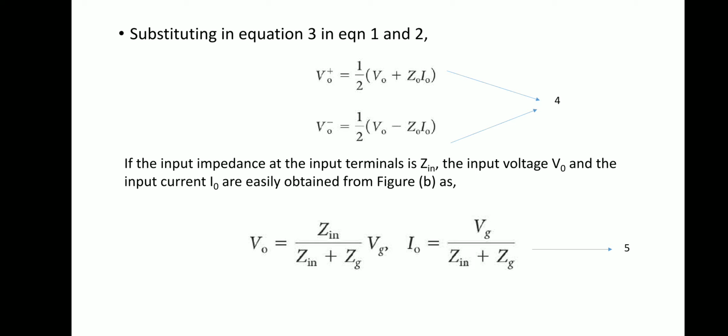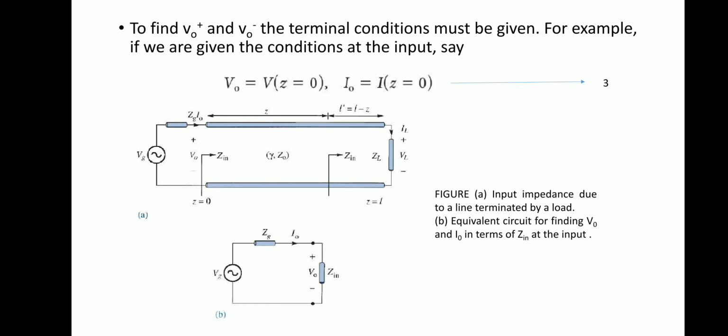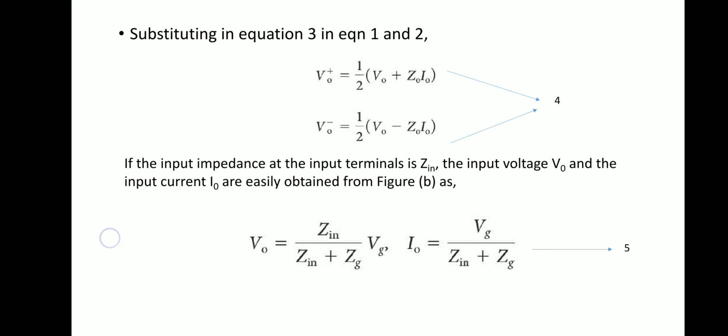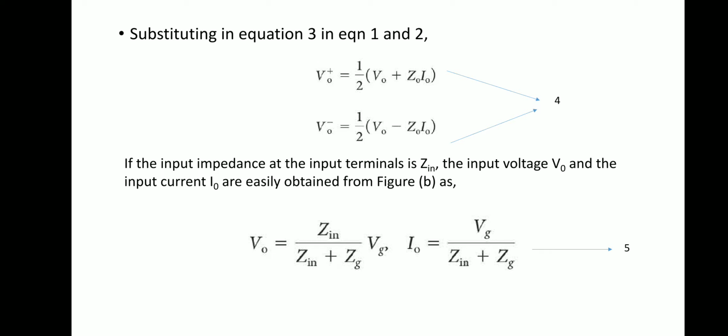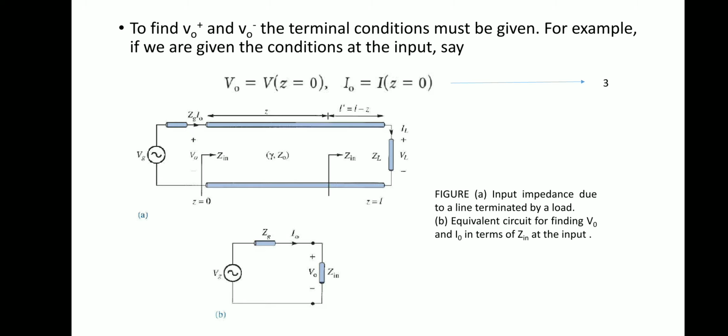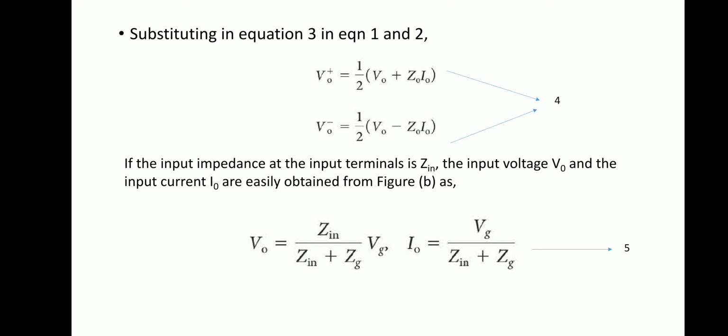If the input impedance at the input terminals is Zin, then the voltage V0 and the input current I0 are easily obtained from figure B. So V0 is Zin times Vg divided by Zin plus Zg, that is, the impedance of the line Zin times the source voltage, divided by the total impedance Zg plus Zin.